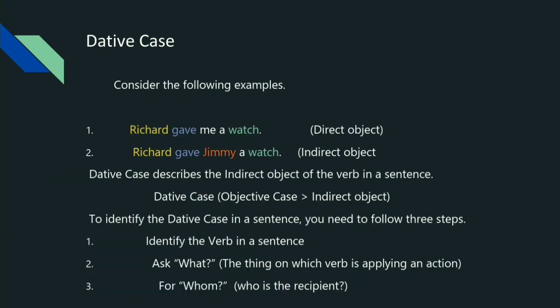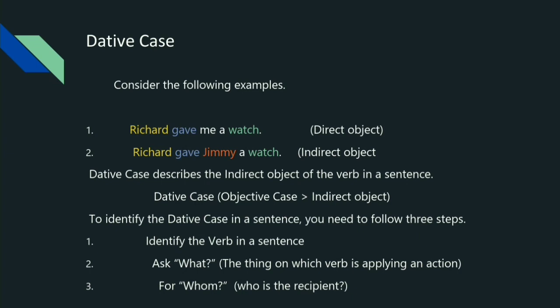Moving forward towards the dative case, to understand this dative case, we need to consider these two examples. The first example is Richard gave me a watch. Now in this example, Richard is basically a subject, gave is a verb, me is basically an object, and watch is also an object.